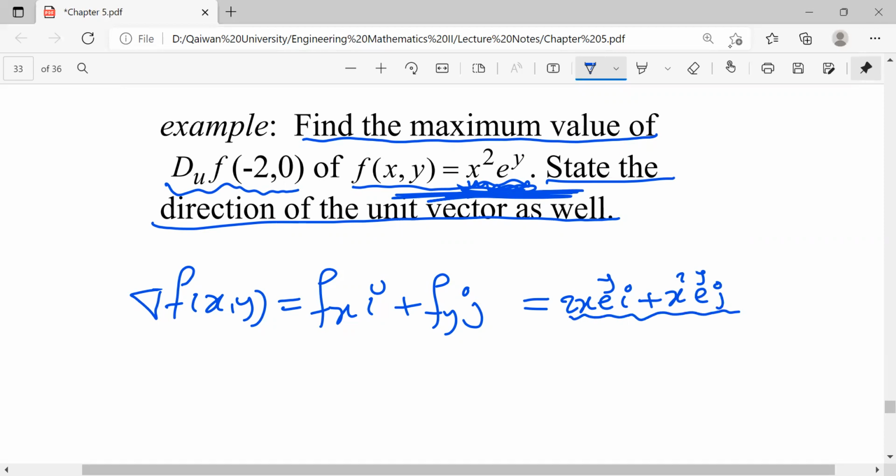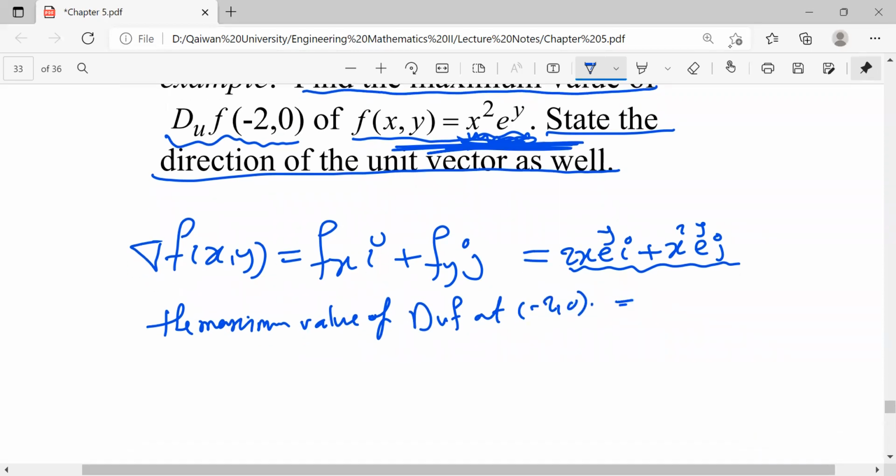And to find the maximum value of the directional derivative, we say the maximum value of D_u f at -2 and 0 equals the magnitude of grad f at -2 and 0.